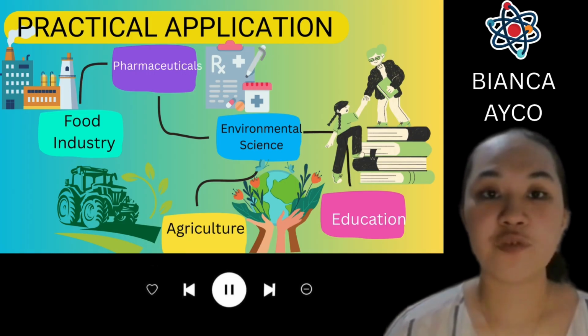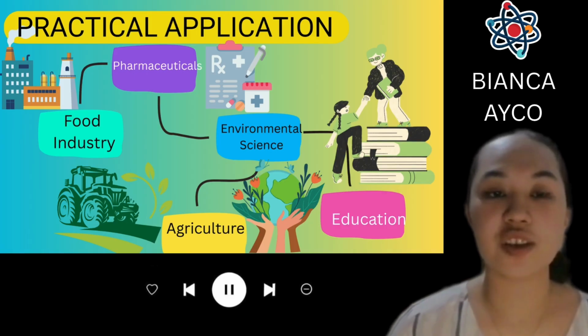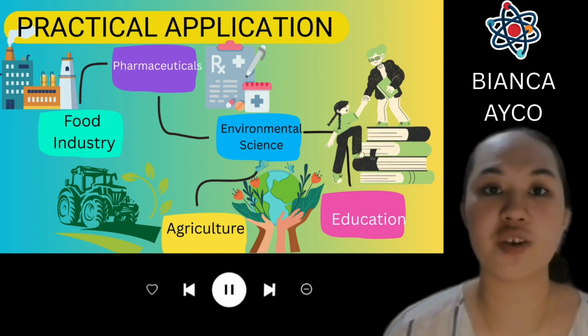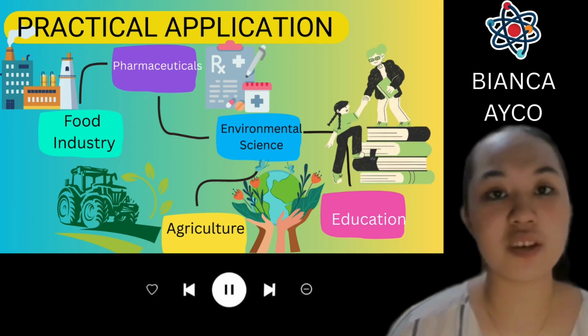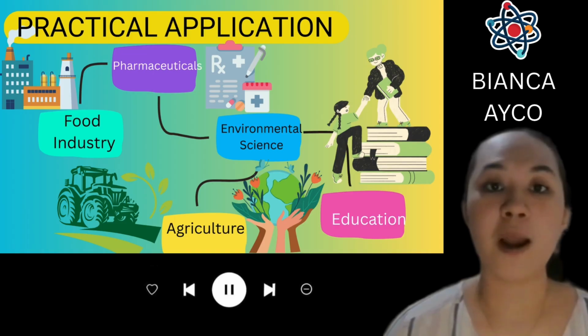In environmental science, titration is used to assess water quality by measuring the acidity of water samples. These help identify pollutants and understand the health of aquatic ecosystems. For example, titration can measure the concentration of nitrates and phosphates in water bodies.